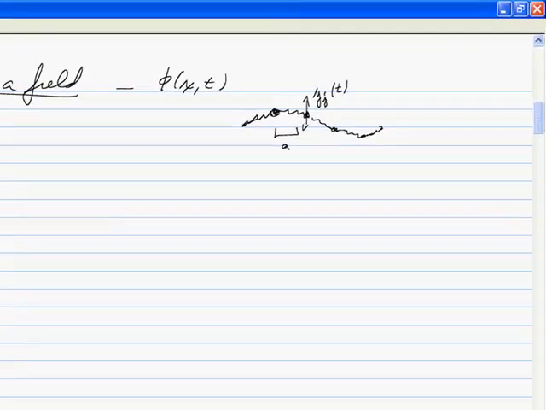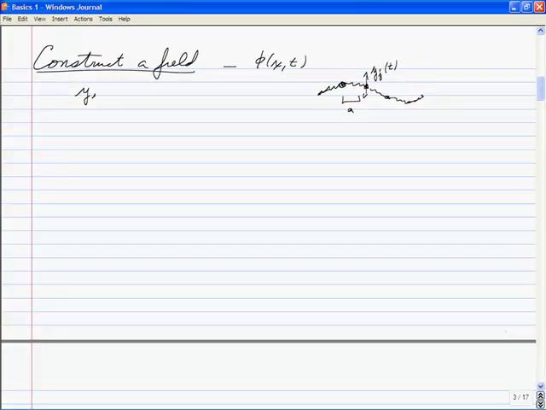Okay? So we start off with our variables being y_j of t. And the Lagrangian is the sum over j of 1/2 m y dot squared.